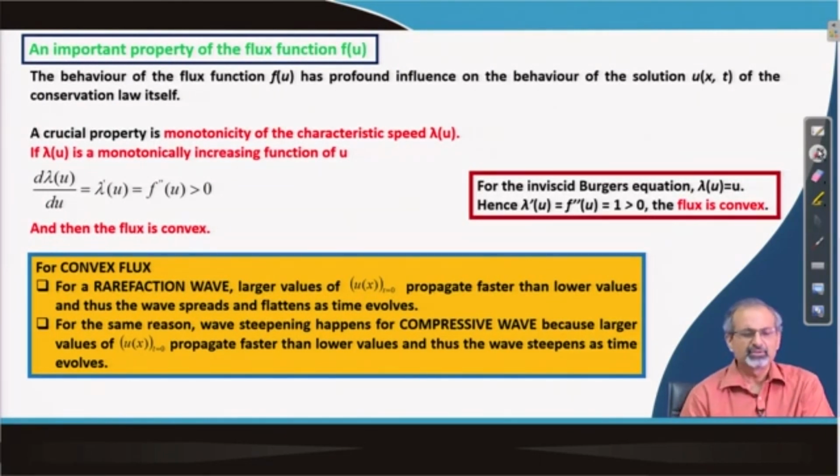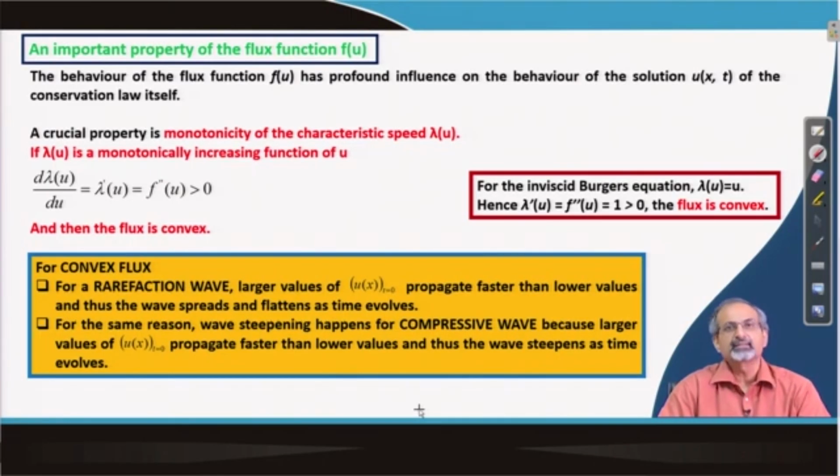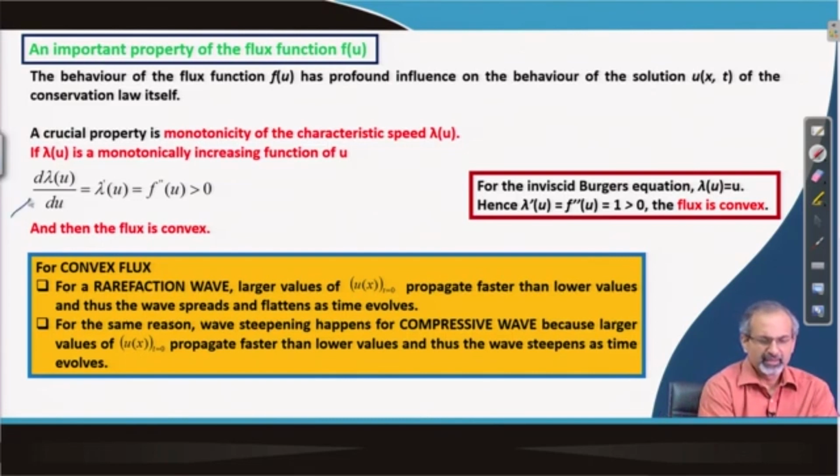Another important property which we will have a quick look at, which must be ensured regarding the flux function f(u). The behavior of the flux function f(u) has a very strong influence on the behavior of the solution itself. The crucial property is monotonicity of the characteristic speed lambda, and lambda(u) is a monotonically increasing function of u when the derivative of lambda with respect to u is greater than 0.